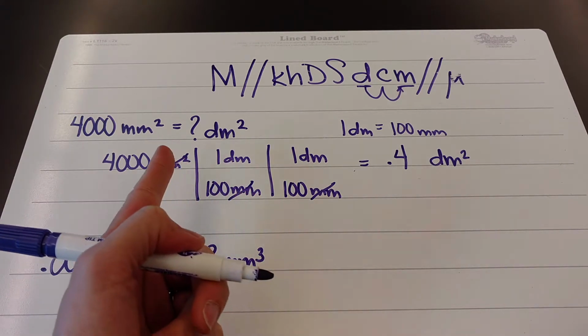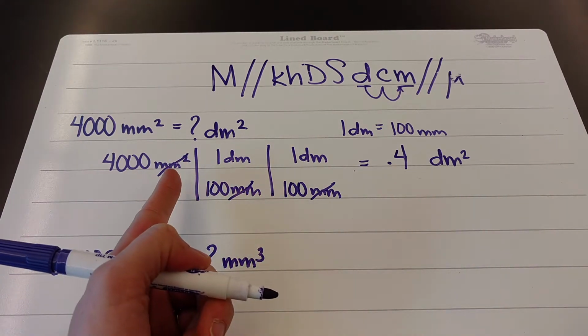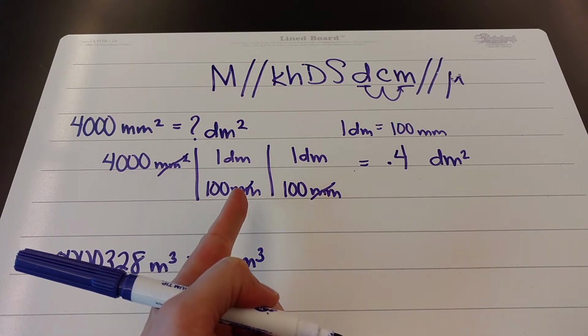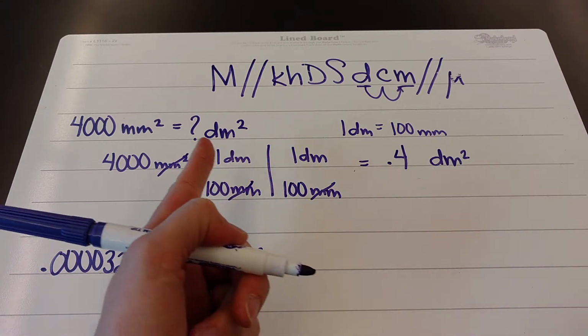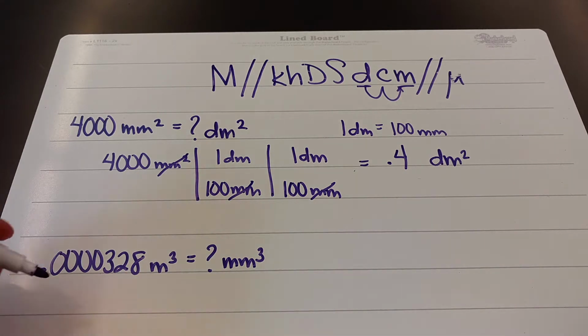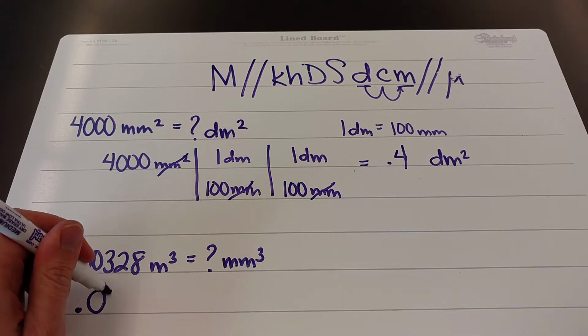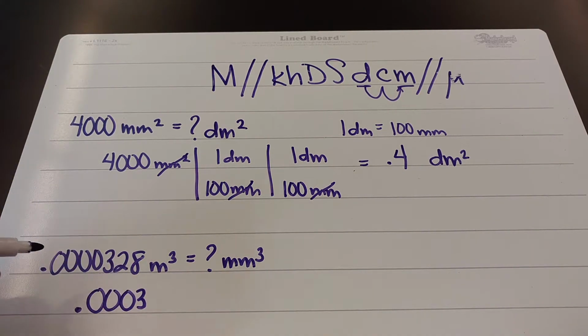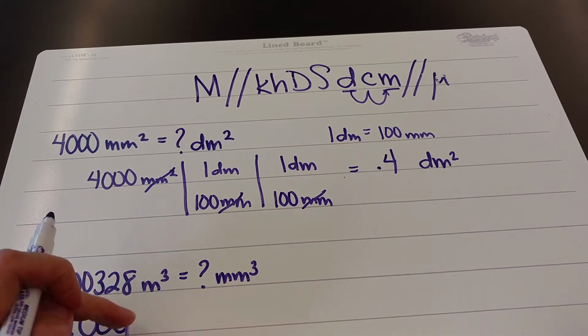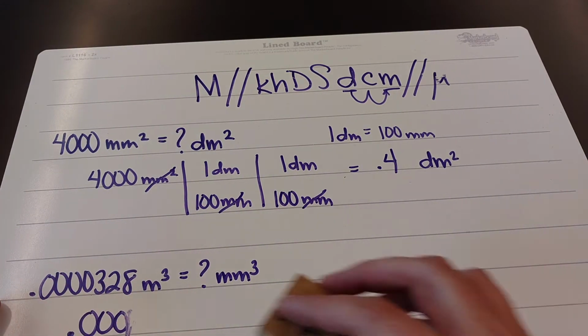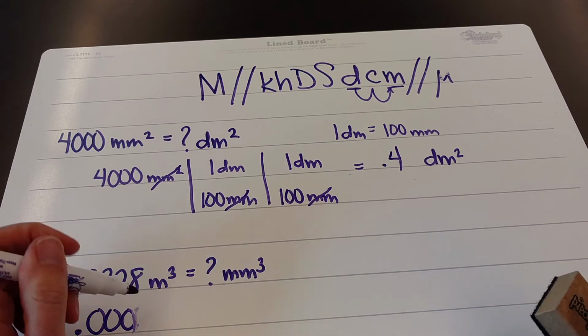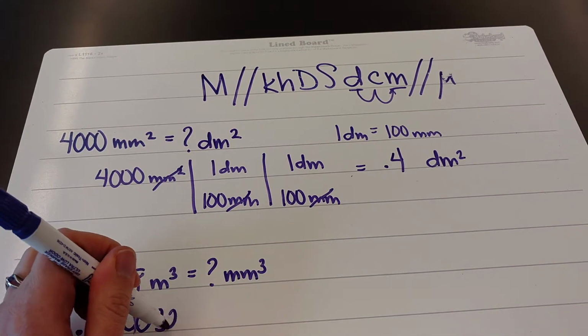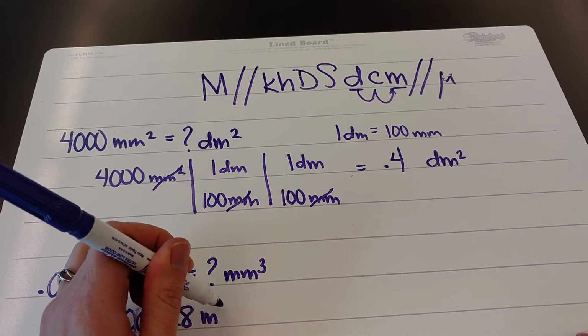But a millimeter didn't cancel a millimeter squared. It certainly wouldn't cancel a millimeter cubed. We used this one twice in order to cancel the squared. So hopefully you can jump to that next step here. Whoop, and notice that we're probably going to have to use this 3 times in order to cancel a cubic unit.